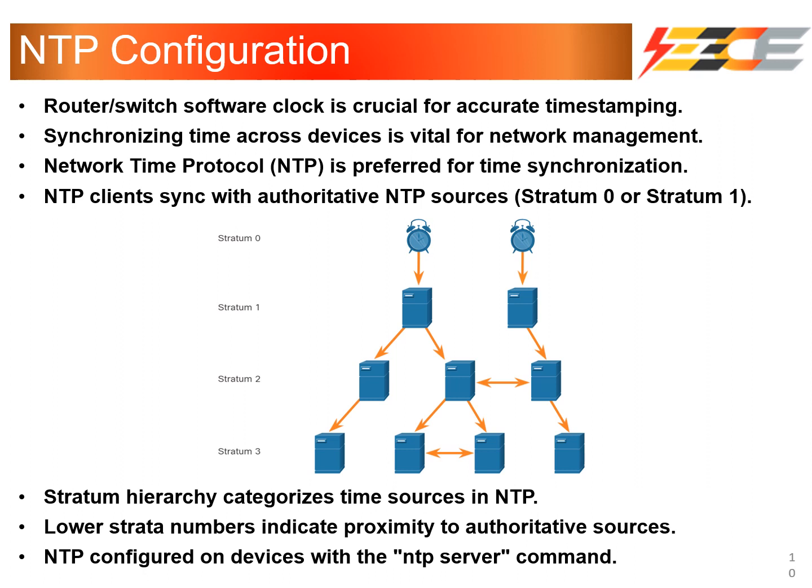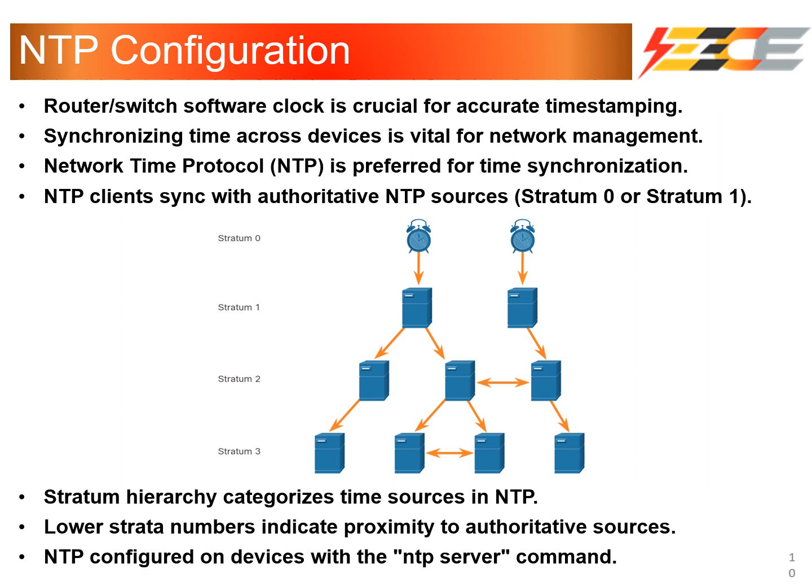Stratum 0 is the most authoritative time source, while NTP Stratum 1 devices are network devices that are directly connected to the authoritative time sources, or Stratum 0. They function as the primary network time standard to Stratum 2 devices. Obviously, Stratum 2 servers are connected on a network to a Stratum 1 device.